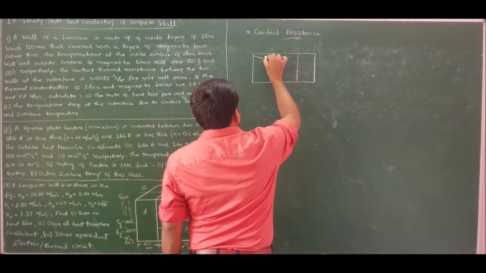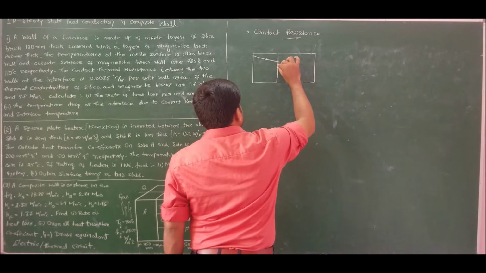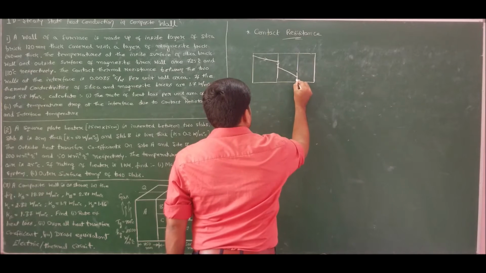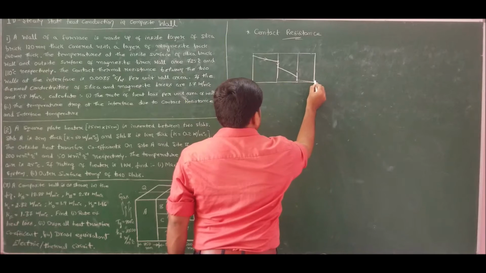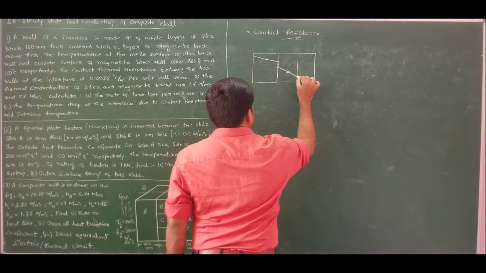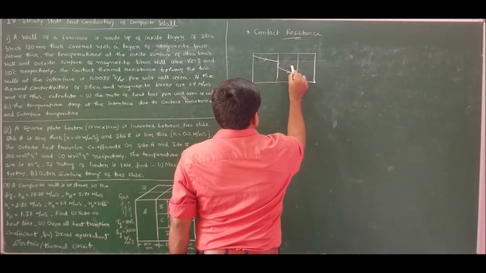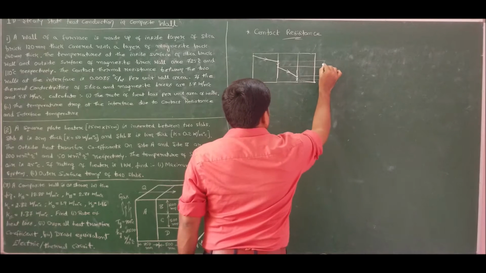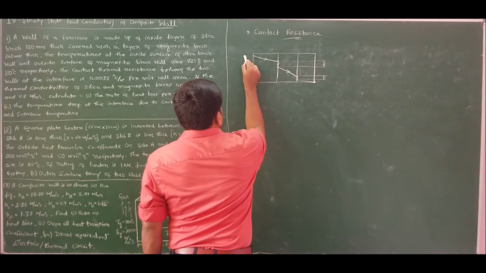Heat flows like this, a temperature drop at the interface is observed, then heat flows like this, and there is another temperature drop observed, and finally heat flows like this. Now this is because of contact resistance. These are nothing but temperature drops because of contact resistance.